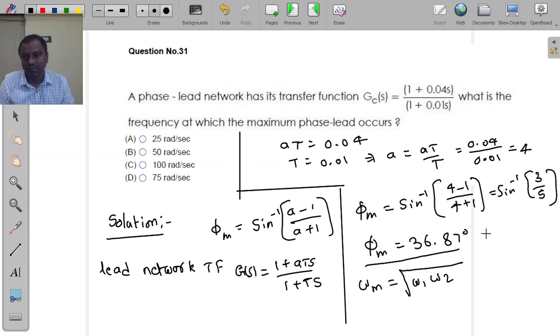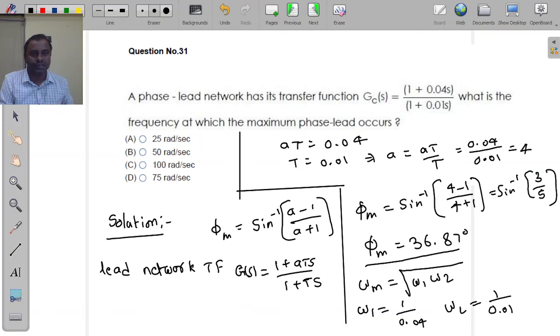The corner frequencies: one is 1 divided by 0.04 and the other corner frequency is 1 divided by 0.01.